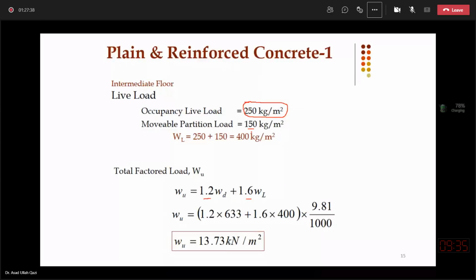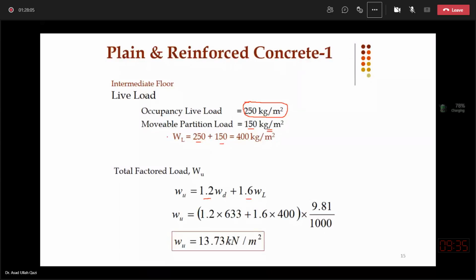A very conservative light partition, movable partition load proposed here is 150 kg per meter square, and it is considered along with the live load. So if it is bracketed with the live load, it means it will finally get a load factor 1.6.